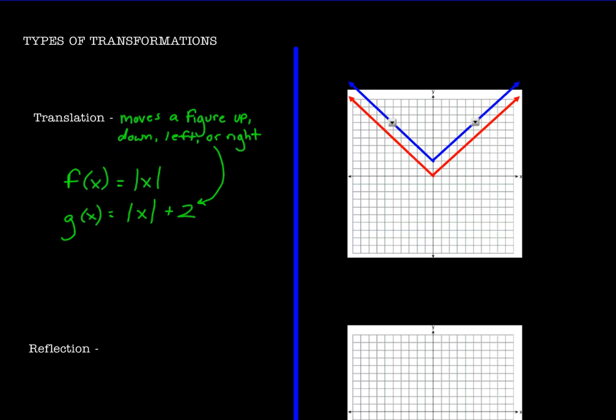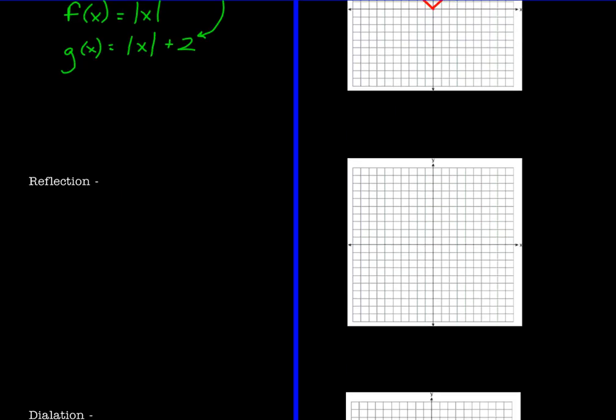A reflection is when you flip the figure over a line of reflection. So we flip the graph over a line of reflection. Okay? And there are a few ways to do this.